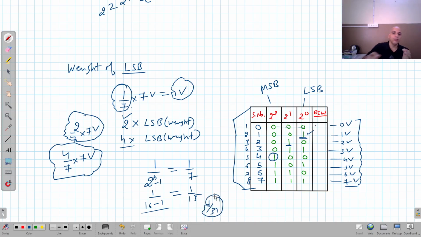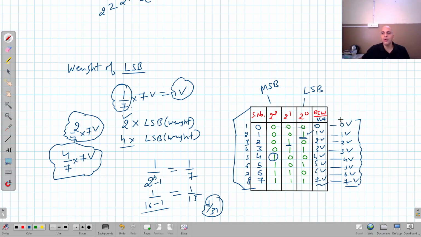So these are the binary equivalent bits, right? And the corresponding voltages are, you can see, corresponding to LSB 1 volt. I am writing here the binary equivalent bit voltage. So this is 0, this is 1 volt, and those written here are 2 volt, 3 volt, 4 volt, 5 volt, 6 volt, and 7 volt.